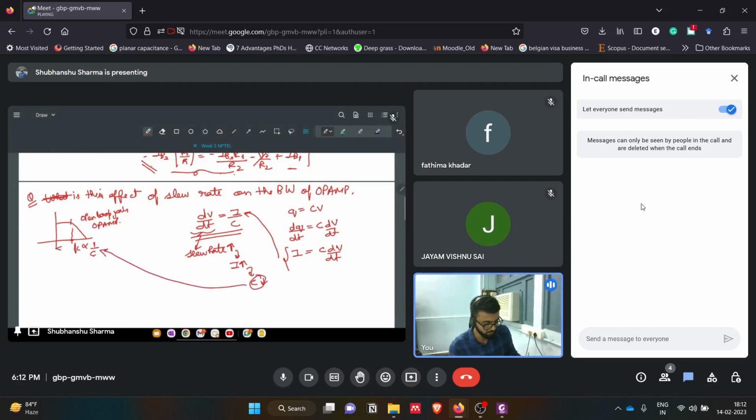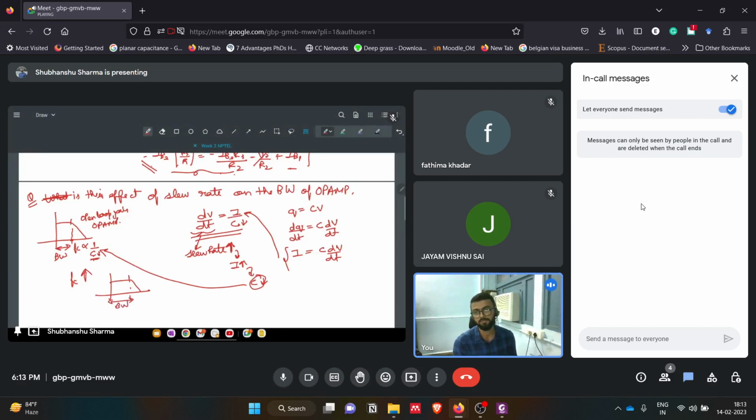So if we want to increase the slew rate, we will decrease the capacitance. If you decrease this, then this FC will increase, so it will increase the bandwidth of the open loop characteristics of the op amp.